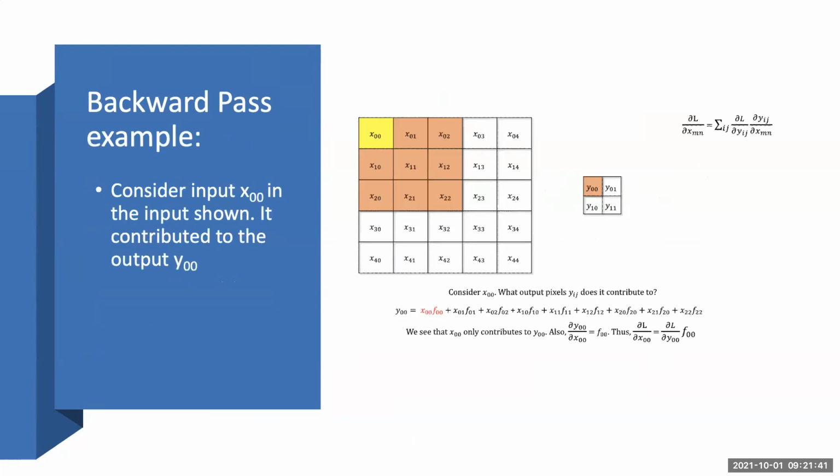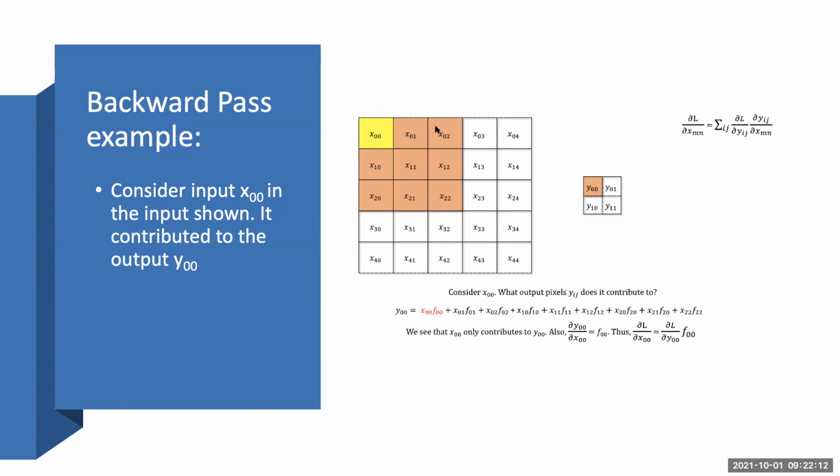What that means is, we want to consider the inputs. We have the 5 by 5 matrix, right? We can see that in this case, X at this point, the yellow box, contributes only to the output at Y00.